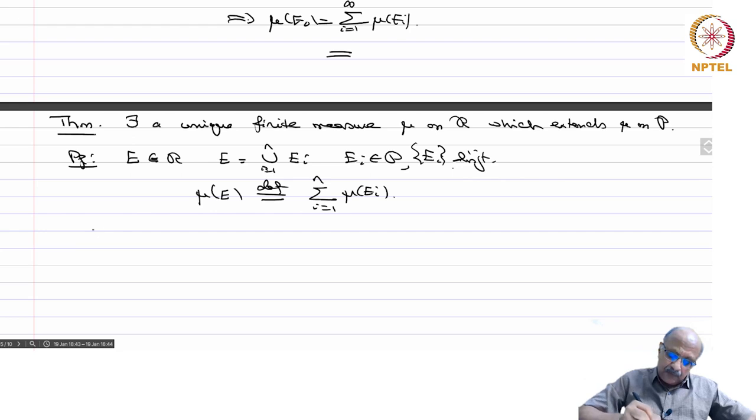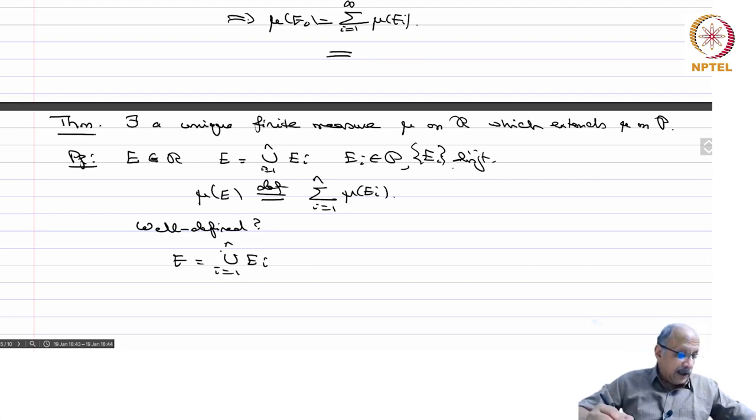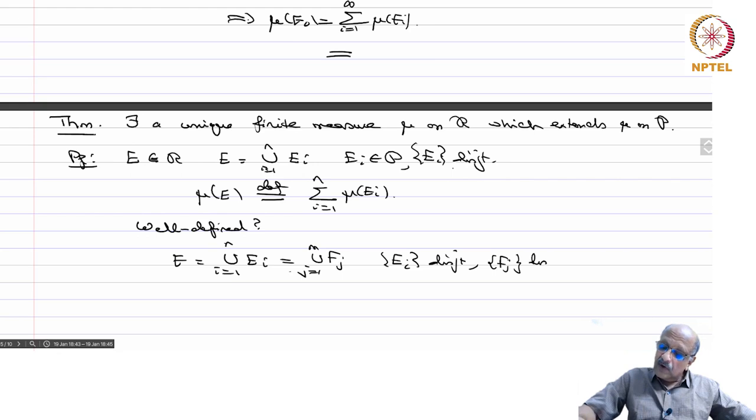So we take E equals the union Ei, i equals 1 to n, equals the union Fj, j equals 1 to m, with the Ei disjoint, the Fj disjoint, and the Ei and Fj all in P.